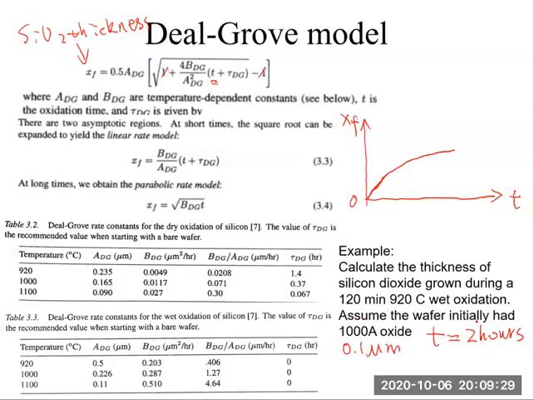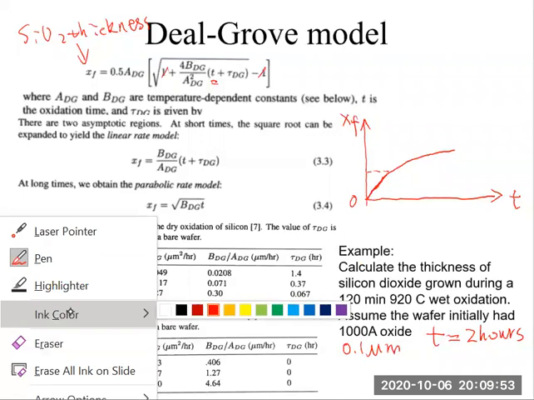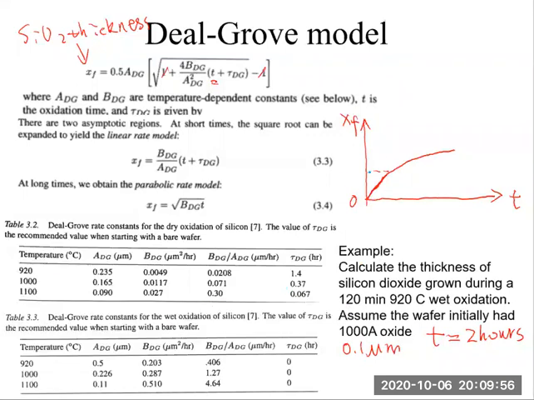Because the wafer initially had 0.1 micron oxide. It has some initial thickness. Let's use this figure to explain. Initially we're at 0.1 micrometer, which corresponds to time T1.